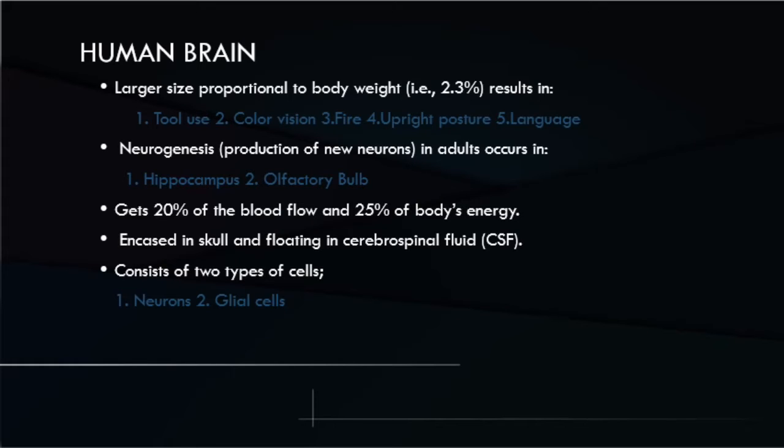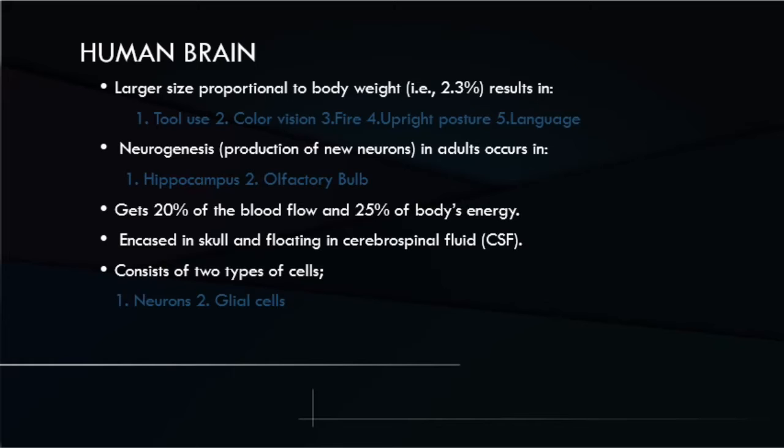Okay, so the human brain, proportional to body weight, is bigger and heavier than in other species. And that has allowed us and our primate cousins to do things that some other species can't do. So, the advantages of having a big brain.